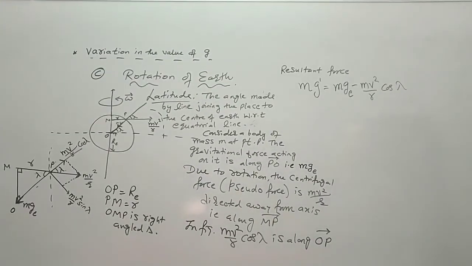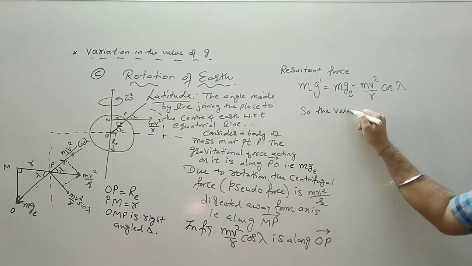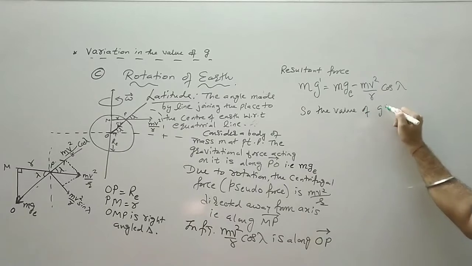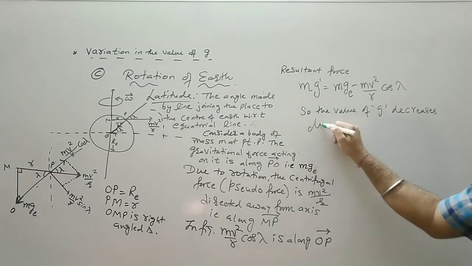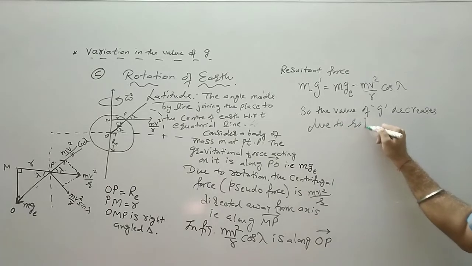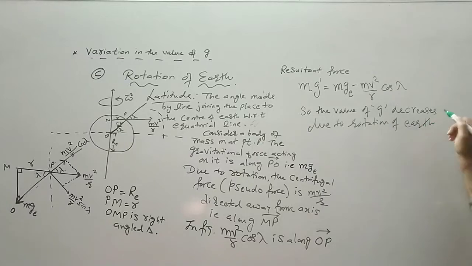So the value of G decreases due to the rotation of the earth.